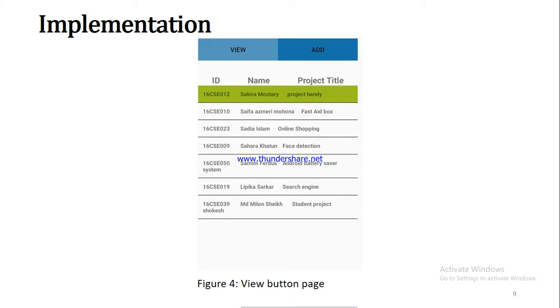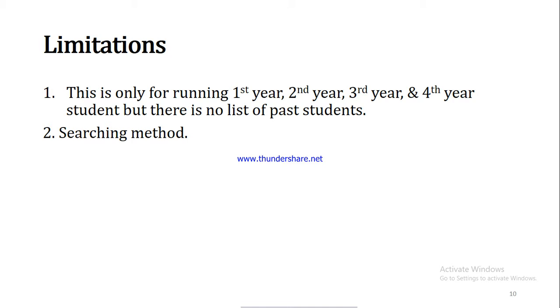Here the students who have filled in appear. The same type of view button is for first year, second year, and third year students. It is the same for fourth year students, only there the project title is the thesis title.